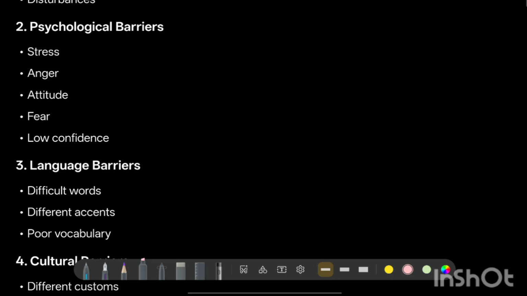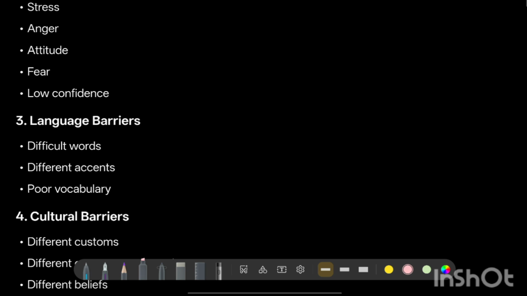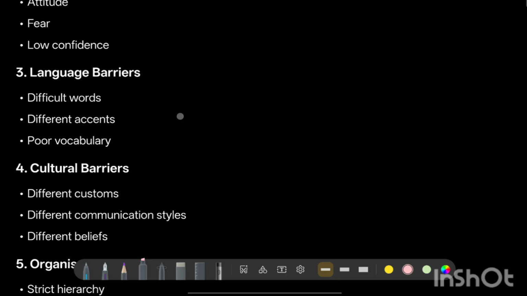Fear: if someone is afraid, that person will be busy handling that fear, so there will be a barrier to communication. Low confidence is also a barrier, because that person is not confident, so how will that person be clear about it? I hope you are understanding.